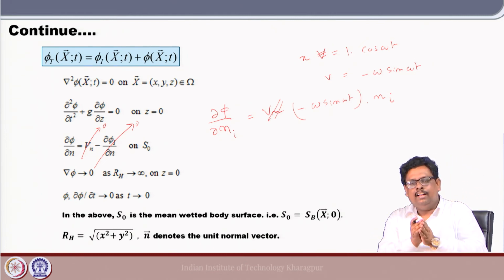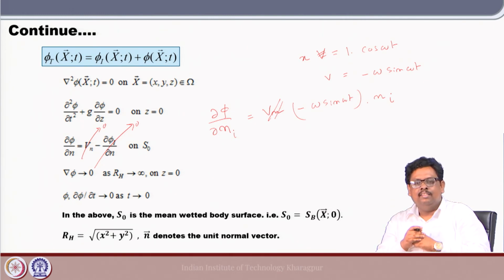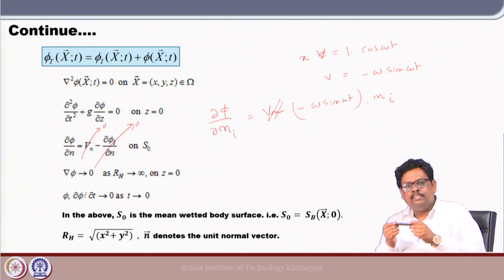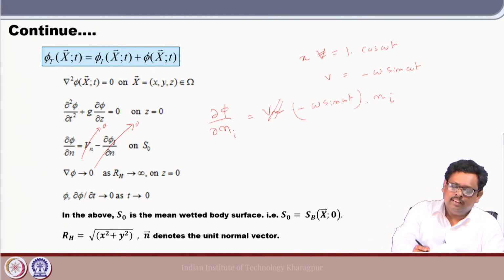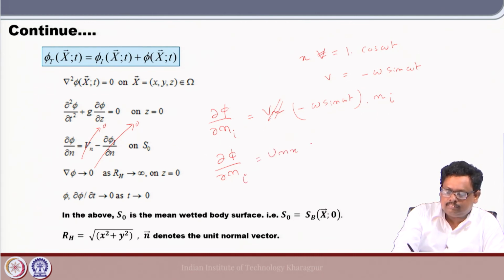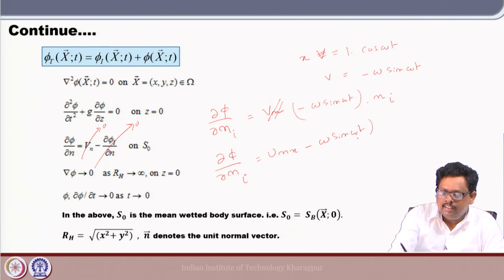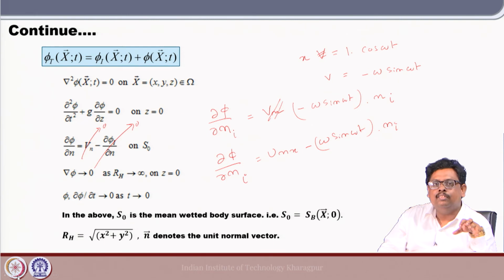Now, the forward speed diffraction problem is not a zero speed diffraction problem, because in forward speed diffraction you have to consider that the ship is moving forward also. So, in case of a forward speed problem, this becomes del phi del n equal to u into n x minus omega into sin omega t multiplied by n I. This is the beauty of this formulation.